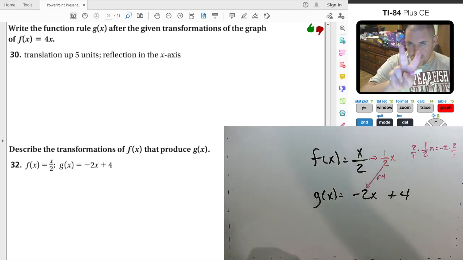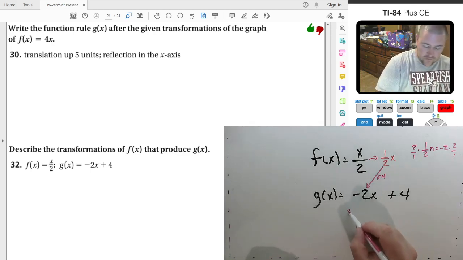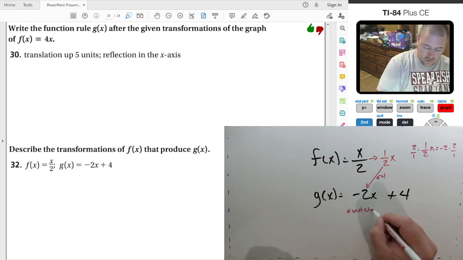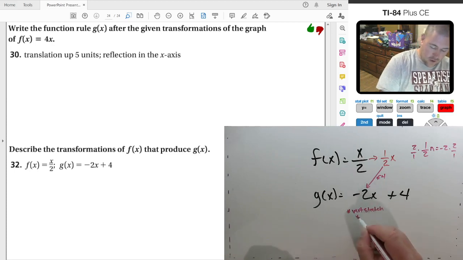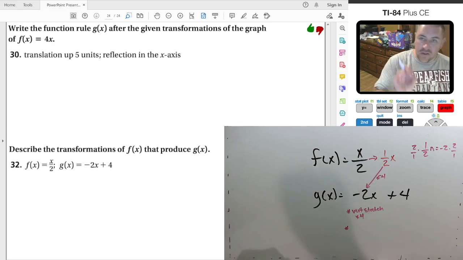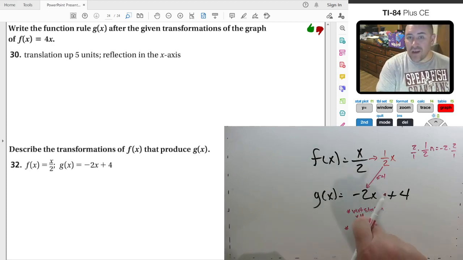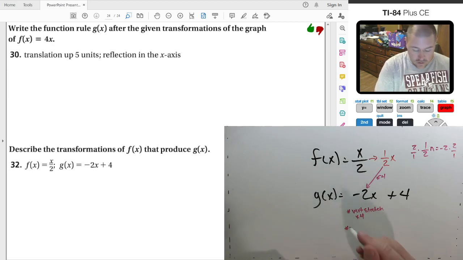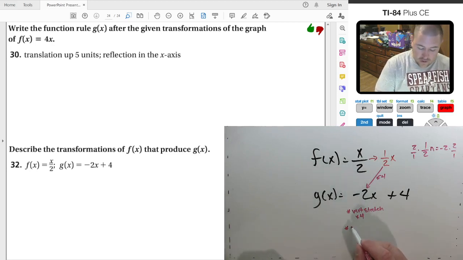That's two different transformations. The first one is a vertical stretch by a factor of 4 because I multiplied by 4 and 4 is greater than 1. The second part is the negative. Don't say vertical stretch by negative 4. The negative is its own transformation. I'm going to say vertical reflection.